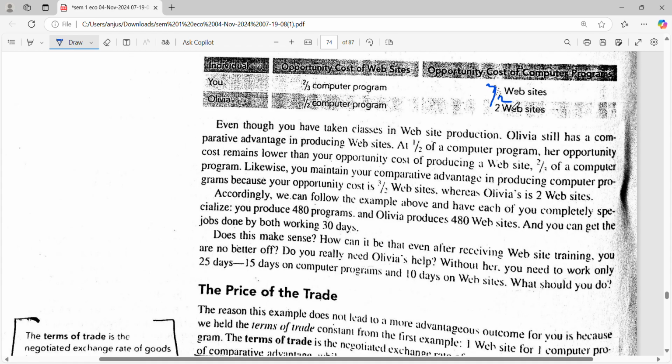So now with this website designing course, your opportunity cost of a website is 2/3 computer programs.